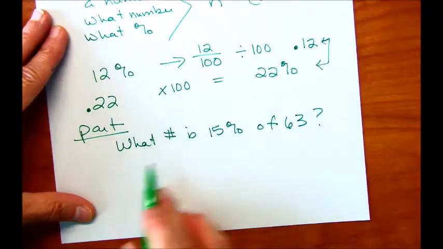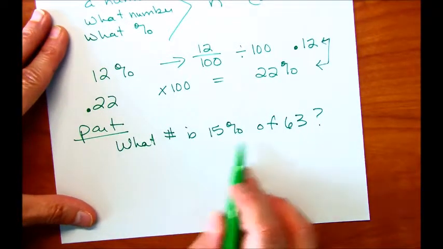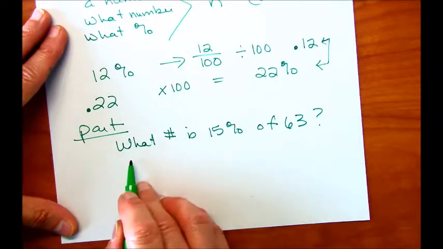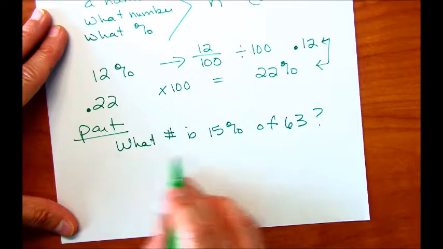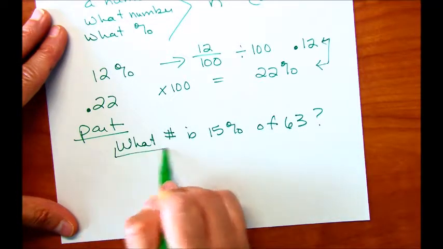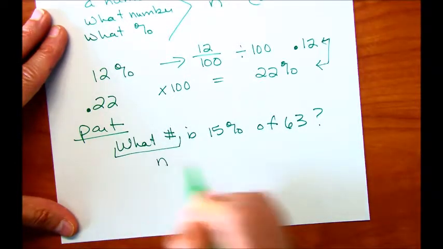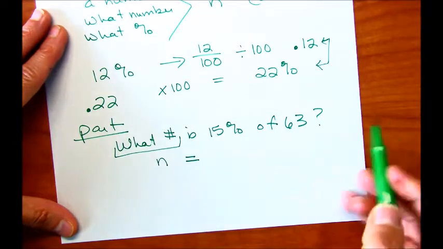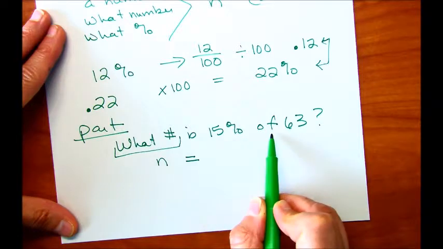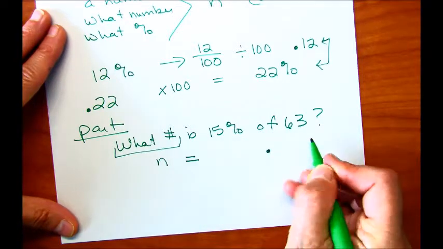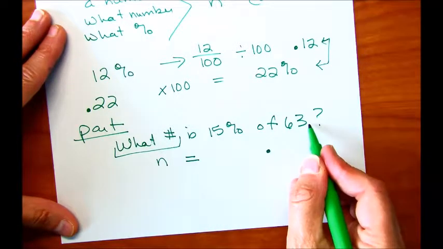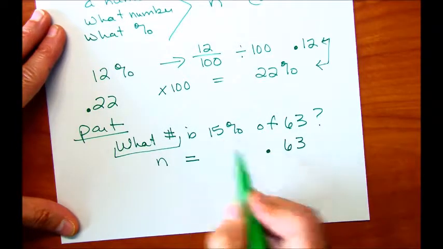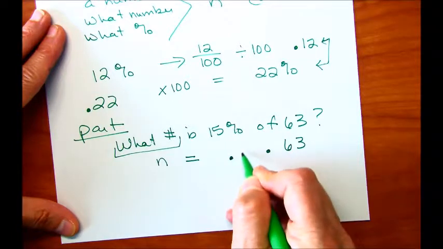Now I'm going to create an equation based on this question. Here's my unknown part. Is means equal, and then I've got 15% of, which is multiply, so 15% times 63. Now I'm going to change that 15% to a decimal, which would be 0.15.